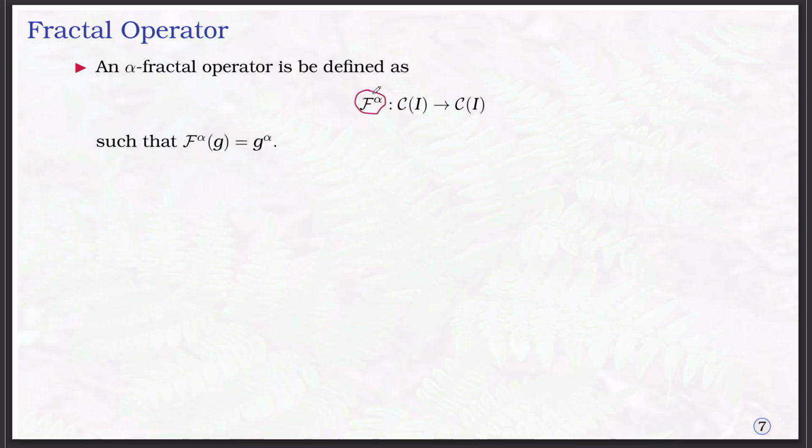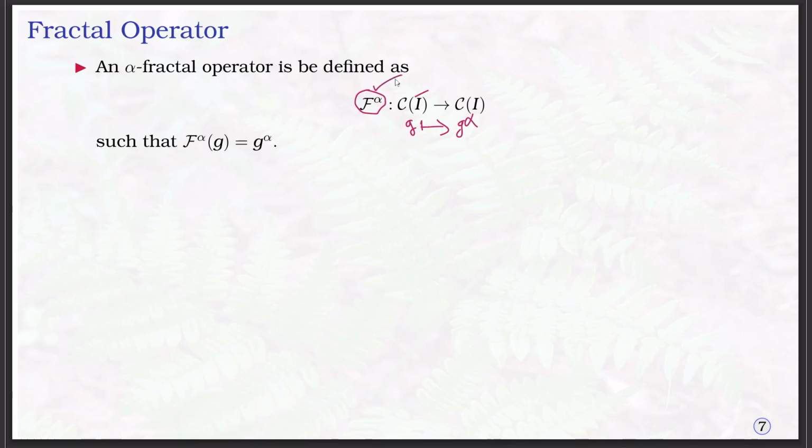This operator is defined as C of I to C of I, where C of I is the set of all continuous functions on the closed interval a comma b, where I is the data point interval, such that F of alpha of G equals G of alpha, because for every continuous function G on I which satisfies G of xi equal to yi, we can get the corresponding G of alpha.